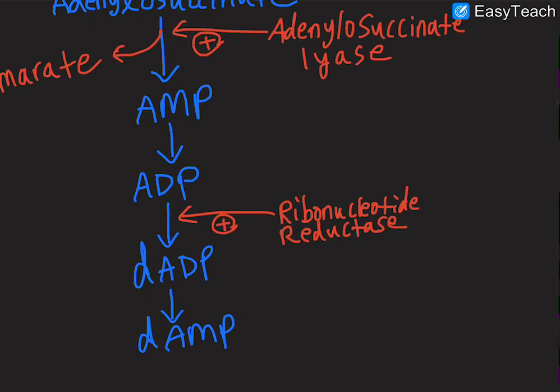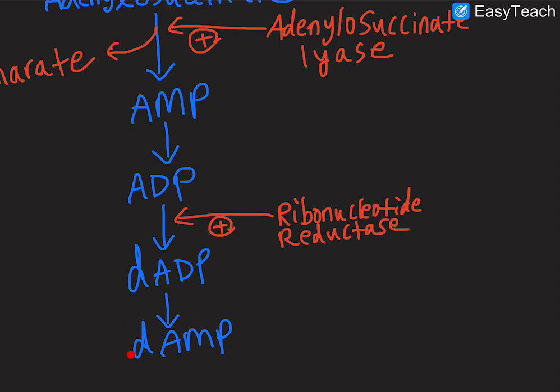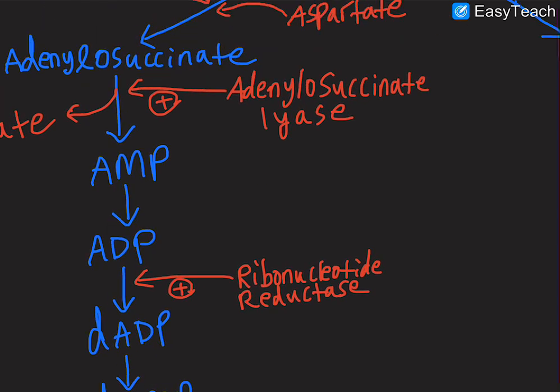When we're going from non-deoxy ADP to deoxy ADP, we have to use the enzyme ribonucleotide reductase. That's what we've been seeing in pyrimidine synthesis and purine synthesis. Then from deoxy ADP, you can convert that into deoxy AMP, or deoxyadenosine monophosphate. So we made AMP and deoxy AMP from IMP.